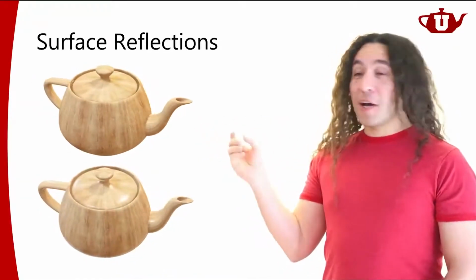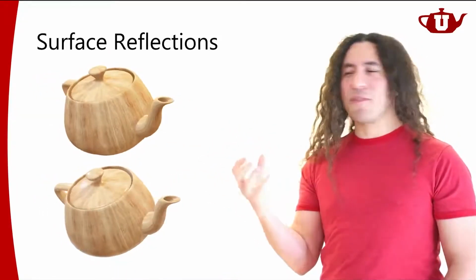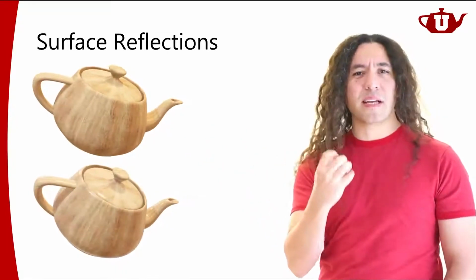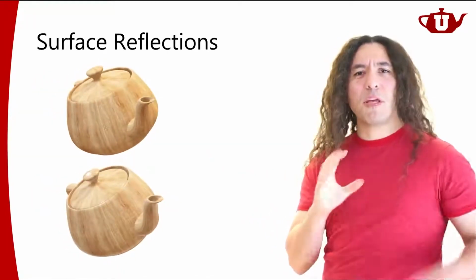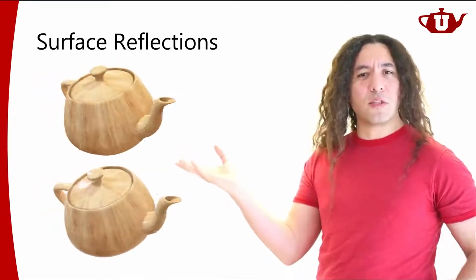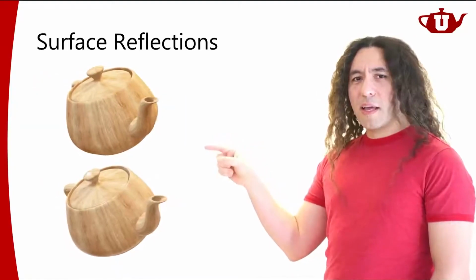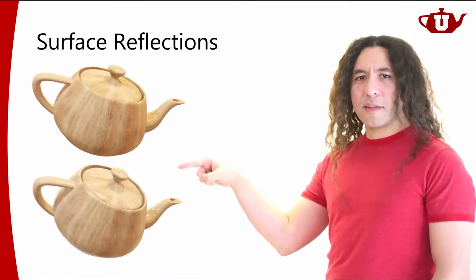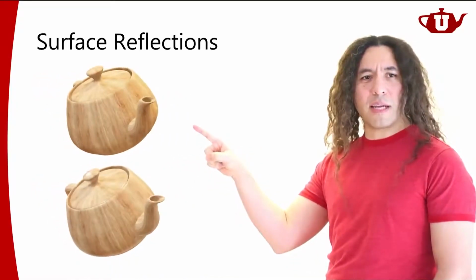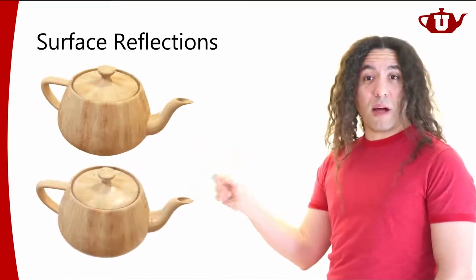All right. So if you look at them, what do you see as the difference between these two? Like the physical difference between these two. What do you imagine when you look at them as the surface of these two objects? When you look at this, you should notice that, obviously this one is shiny. This one is not shiny at all, right? This one is sort of matte, and this one is a lot shinier.